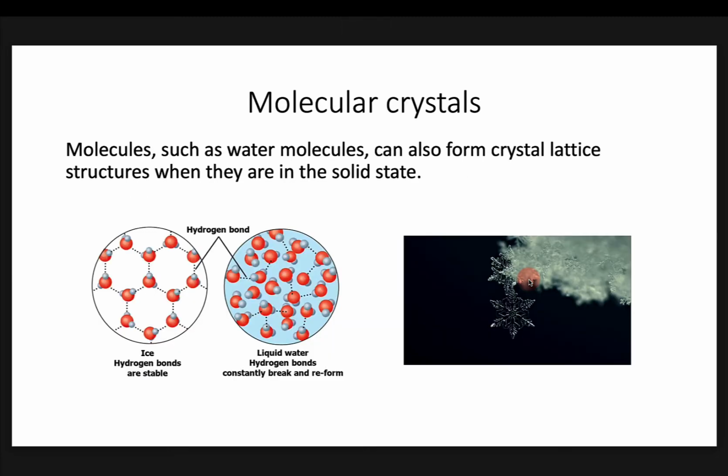So in a molecular crystal, you can see that the crystal is made up of these water molecule units. And each of these water molecules are separate from each other. So this water molecule has an oxygen atom bonded to 2 hydrogen atoms, and it is its own unit.